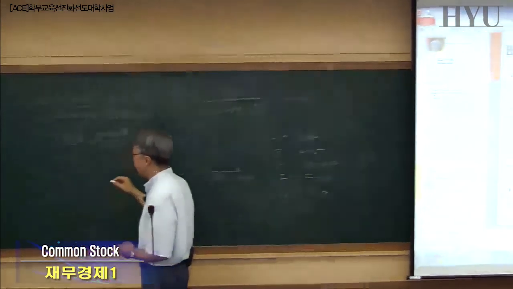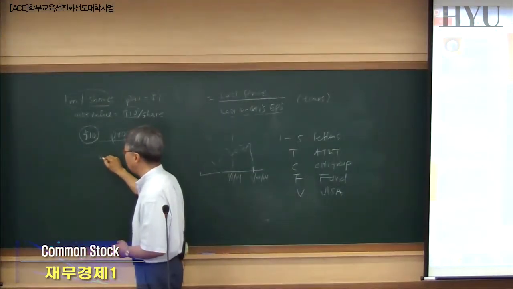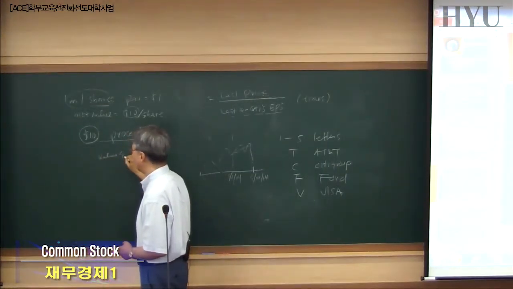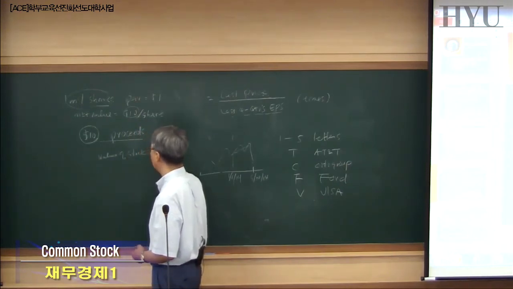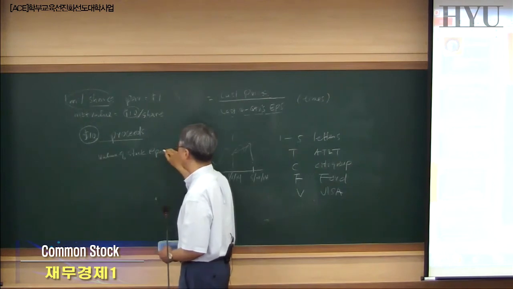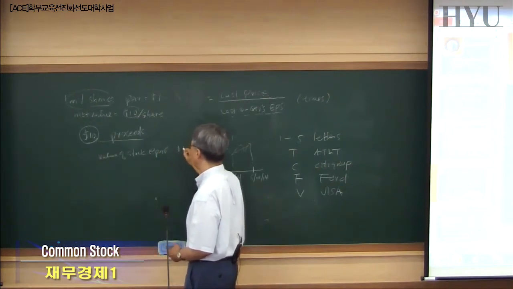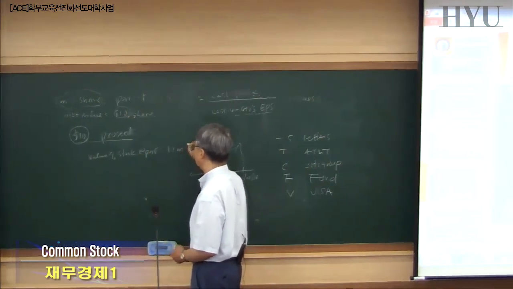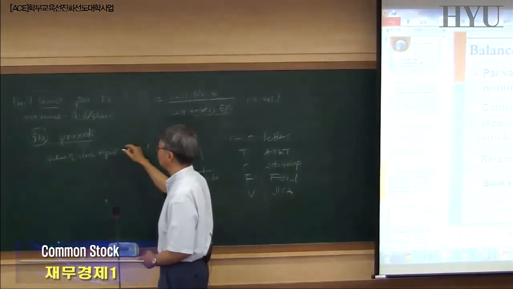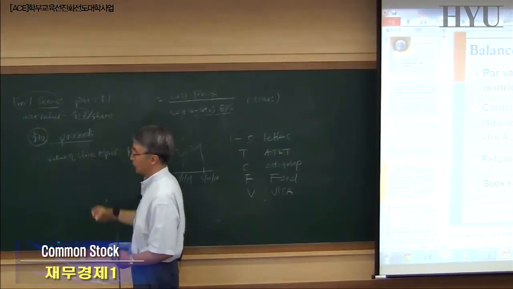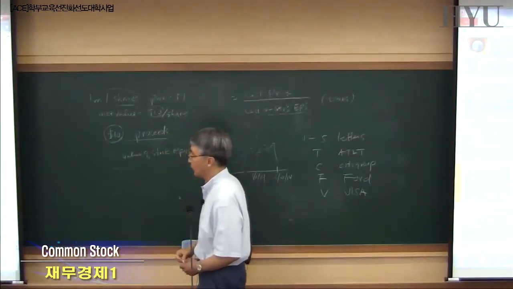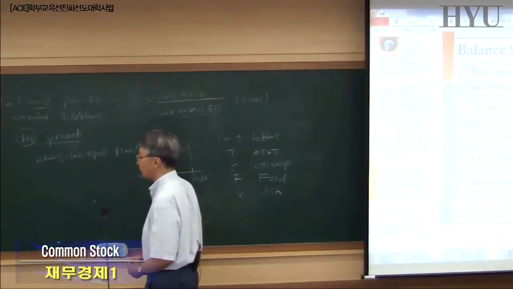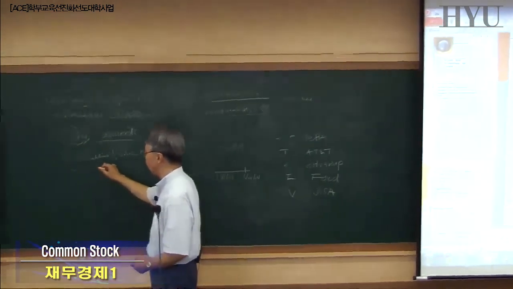But on the listing, the value of stock at par value will be only 1 million, because par value is $1 per share, right? And the next line says contributed capital in excess of par, or additional paid in capital.